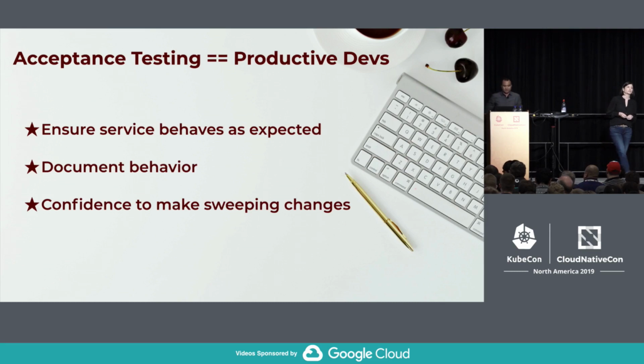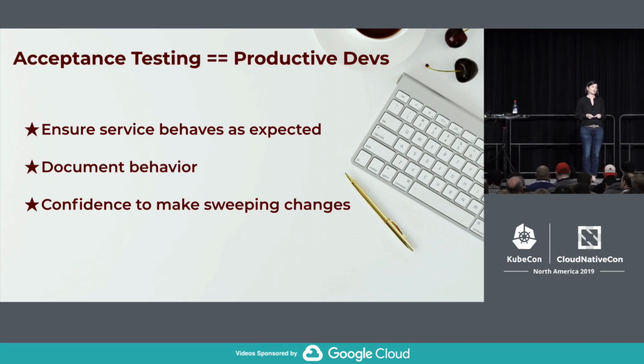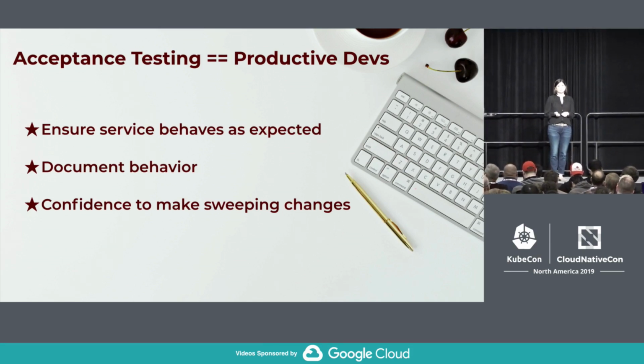Automated testing ensures our application works as it should today, as well as 6 months from now, when you're out on vacation. They document the behavior of our service so that you, as well as future team members, have a better understanding of how it's meant to operate. And by being loosely coupled with implementation details, we can make sweeping changes to our application and still confidently push to production.